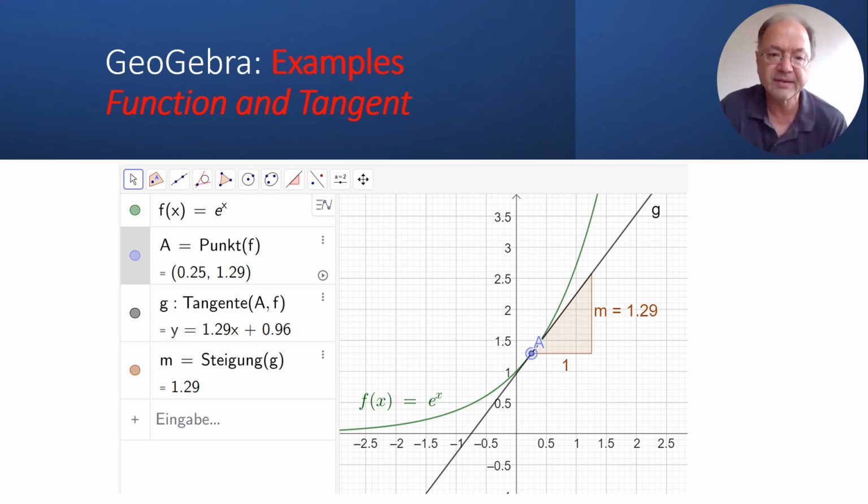It calculates the equation of the tangent line, and afterwards I can put in the inclination, and it gives me the inclination. So very straightforward to make a demonstration about differentiation and tangent lines.